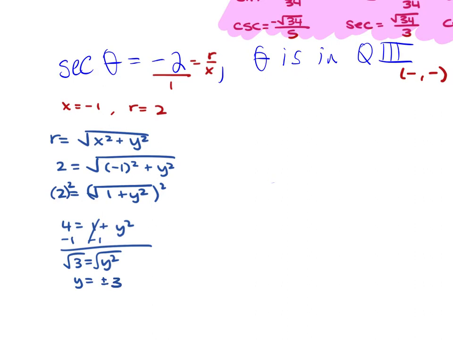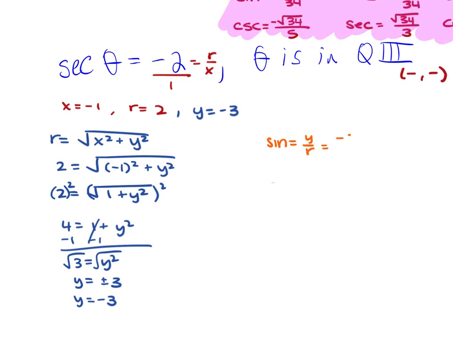Now, how do we know if it's positive or negative square root of 3? Look at your ordered pair. It's in quadrant 3, so your y is also negative. So it would be the negative square root of 3, not the positive. So we're using y is equal to negative square root of 3, x is equal to negative 1, and r is equal to positive 2. To find sine, we have y over r.